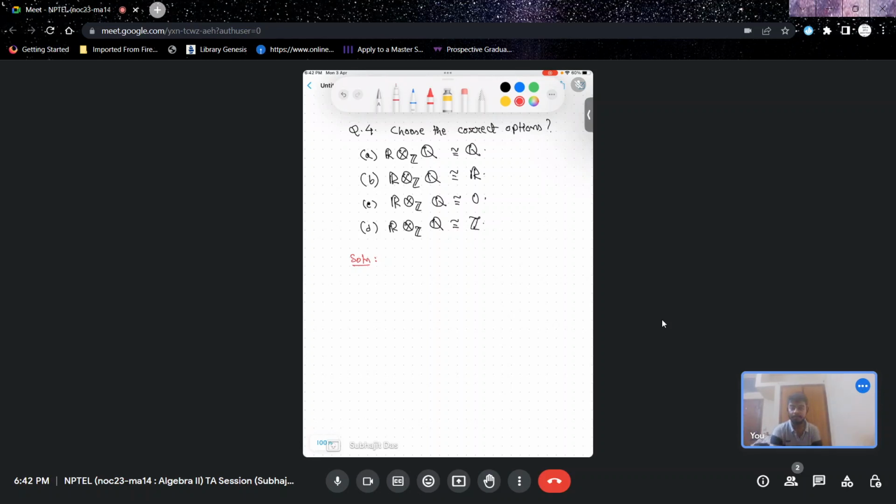Now just by looking at it, you can already discard two options, right? If you observe carefully, you have this inclusion of Z into R, and you know that Q is a Z module.